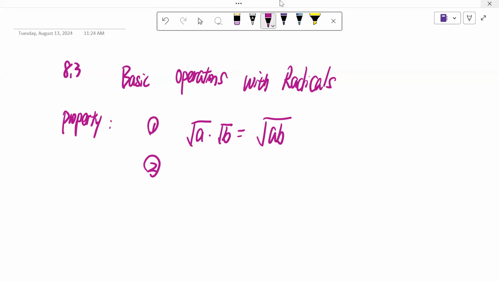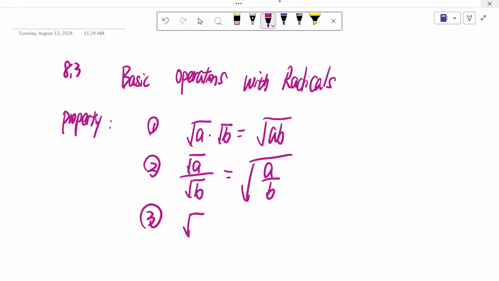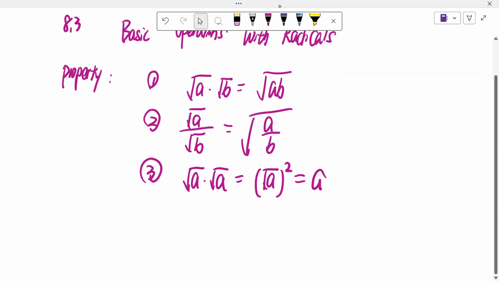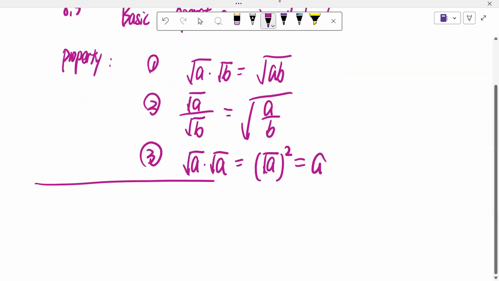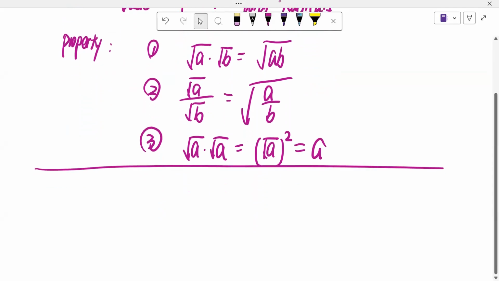Secondly, we look at the square root of a over square root of b, we turn into a single square root of a over b. The third one, we look at the square root of a times square root of a, and the square root of a squared, and the square root offsets the square, so we get a. Those three are the properties we're going to need to tackle some of the problems here.